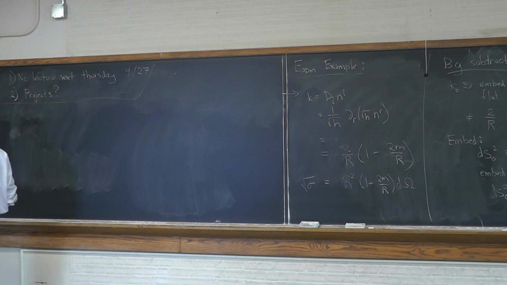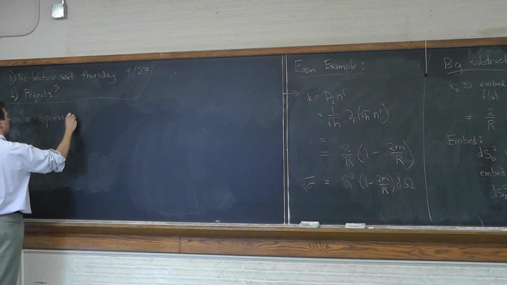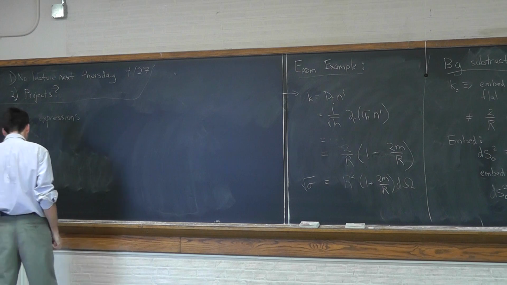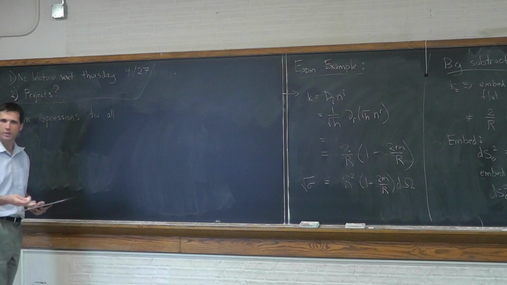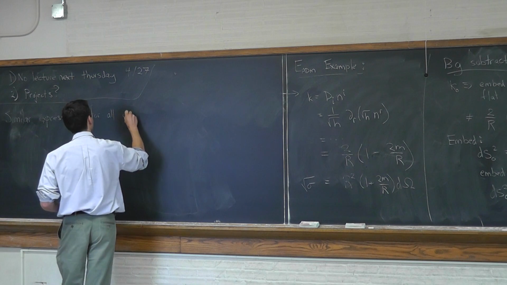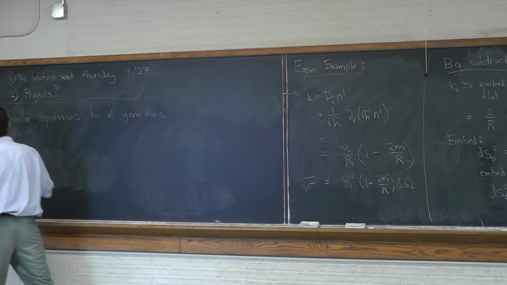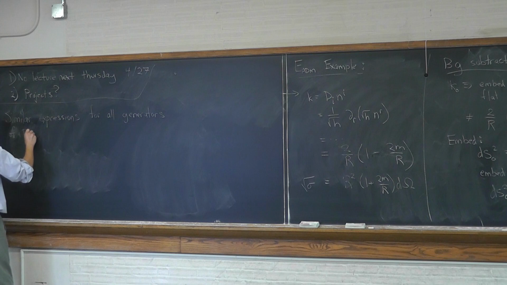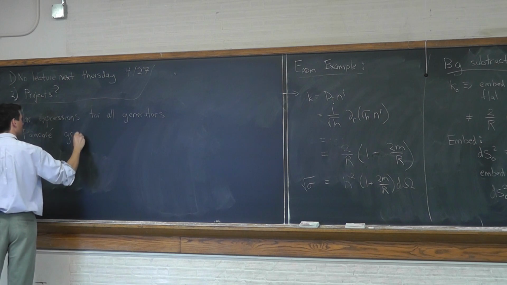The starting point is the fact that there are similar expressions, meaning like the energy and the angular momentum that we've been talking about, for all the generators of the Poincare group.